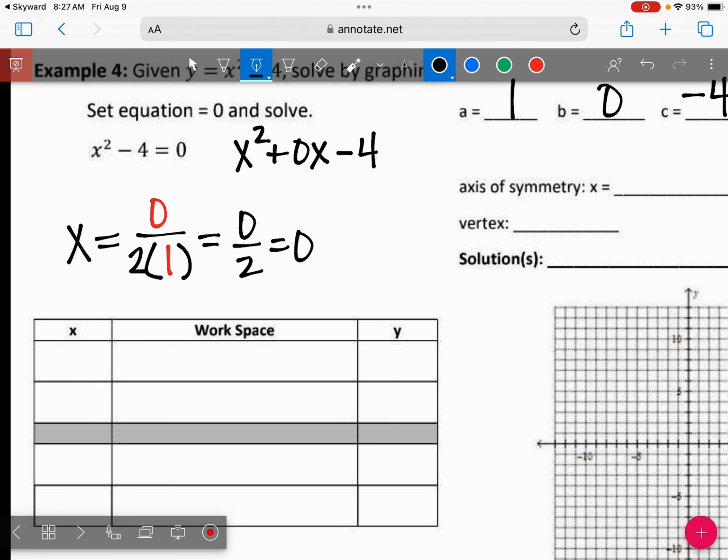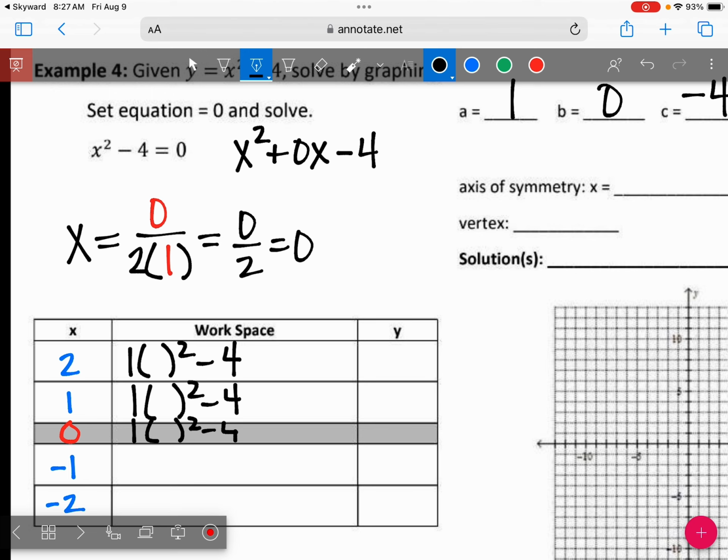So we're going to put that in the middle of our table. And then I'm just going to count back 2, count up 2. If I count back 2, that would be -1, -2. If I count up, that would be +1 and +2. So let's go ahead and make sure we have 1x squared minus 4 for each one.